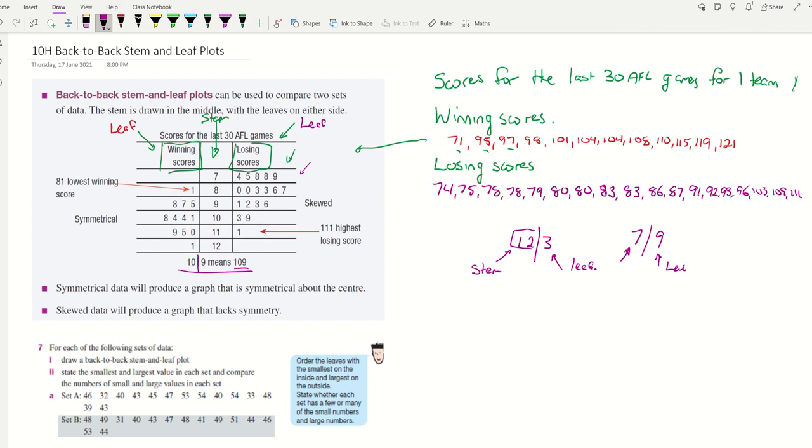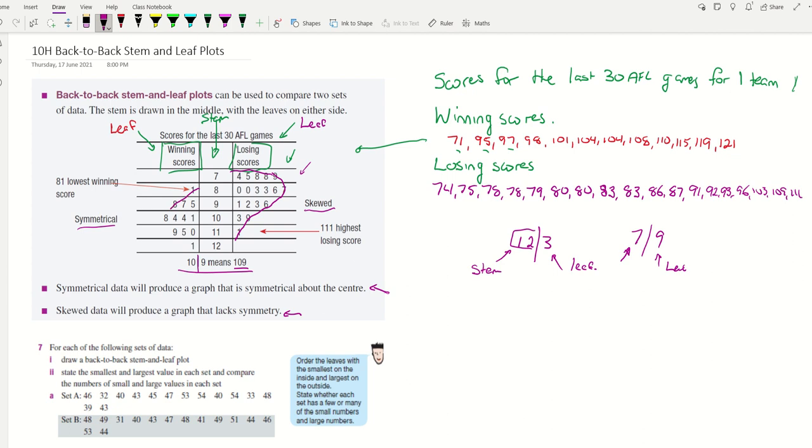Okay. Now, we're not looking at this today, we're going to look at it tomorrow, but there's a couple of words here, skewed, symmetrical, etc., and down here it tells us symmetrical data will produce a graph that is symmetrical about the centre, skewed data will produce a graph that lacks symmetry. What we can see is we can draw a line over or around the top of that digit.